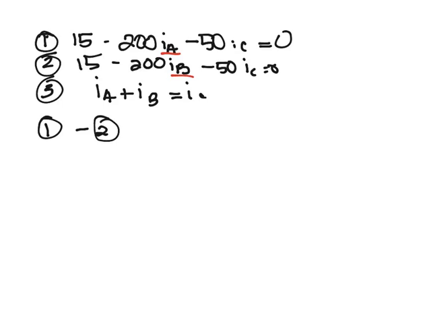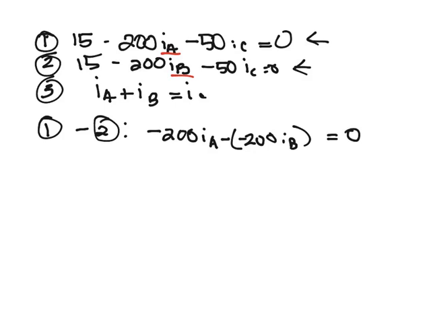Minus 200 IA minus negative 200 IB is not quite 0. But then I'll have minus 50 minus minus 50, and that's also 0. Okay, so all the things that are the same will cancel out. And then on the right-hand side of my equation, I just have 0 minus 0, and that gives me 0.